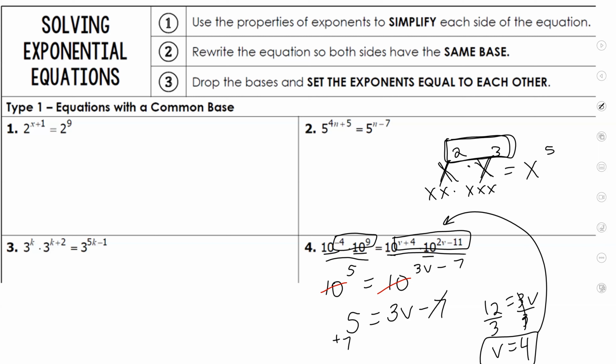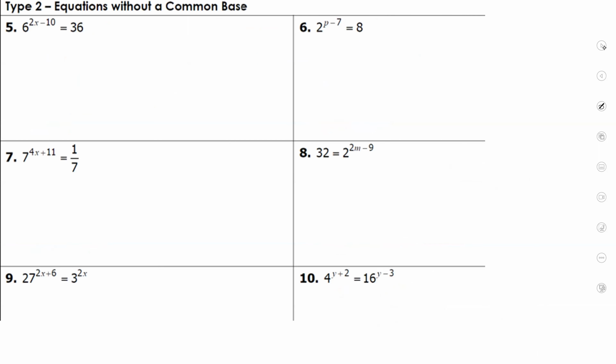Okay, so guys, this was type 1 where the equations have the same base, okay? Now let's do type 2 where your bases are not the same, okay? So let's go to this side. Notice my bases are not the same here. Here, let's do number 6. Okay, so my base here is a 2, but the base here is an 8. So how should I rewrite the 8 so that the base is 2?